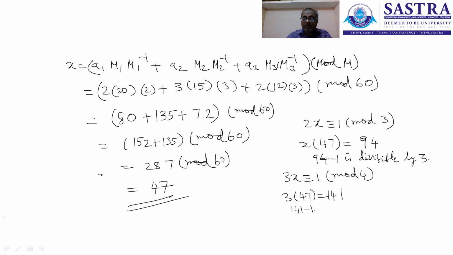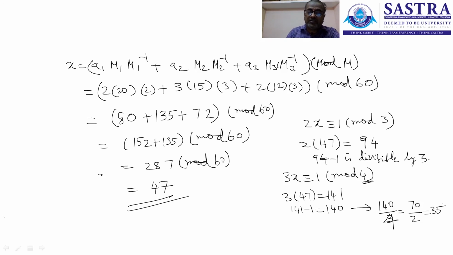So 141 minus 1, 140, and this is also divisible by 4. So I'll have 70 by 2, and this is nothing but 35. Okay, so the second equation is also satisfied when I take x is equal to 47.